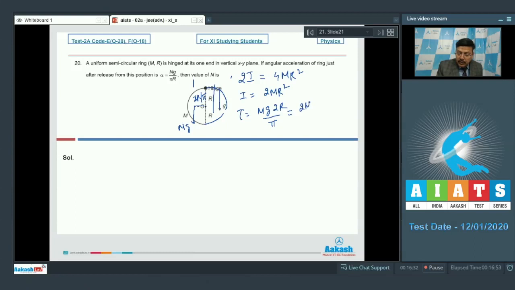That means it is equal to 2mr squared into alpha. The value of alpha turns out to be equal to g by pi r, and that means the value of n is coming out to be 1. As per the format of the test, we have to put it as 01. So the answer to question 20 is 01.